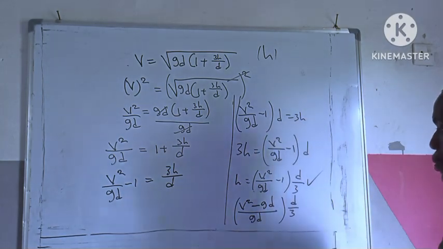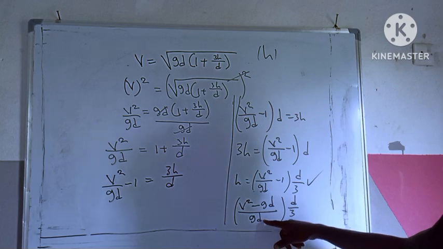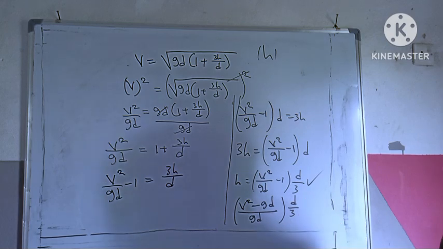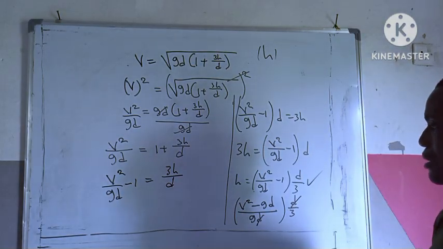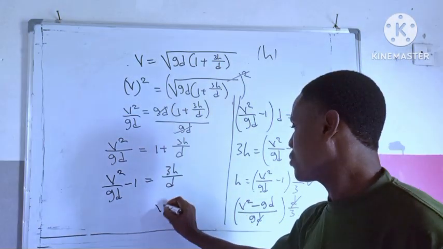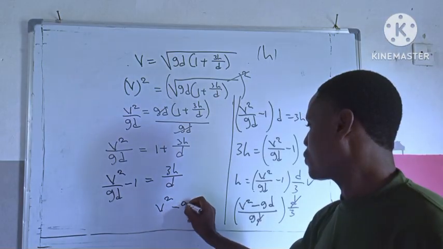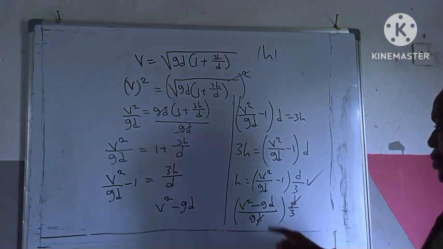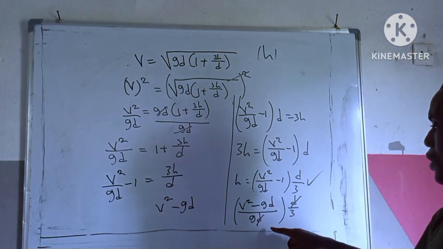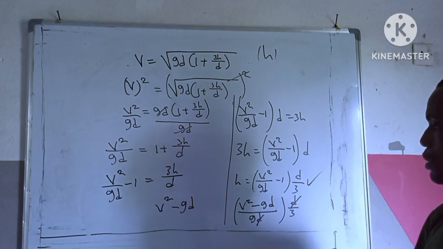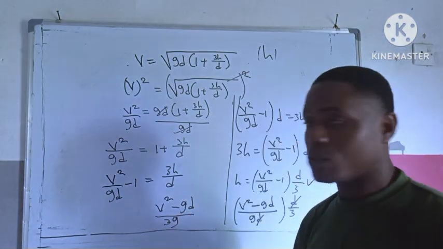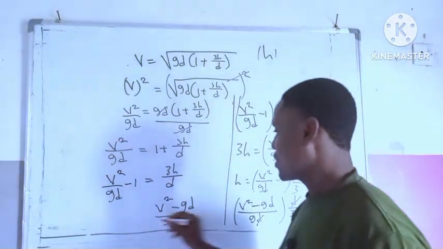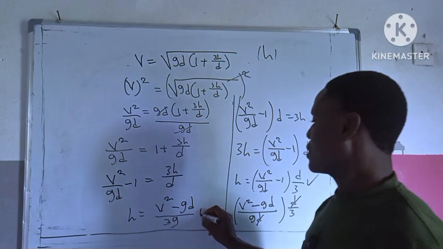What we can do here is cancel d and d. So the final answer will be v squared minus gd, and the 3 will multiply this g, so it will be 3g. So h equals v squared minus gd all over 3g. This is the second answer.